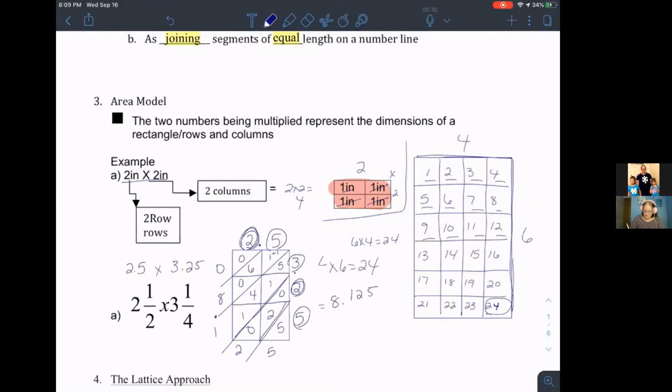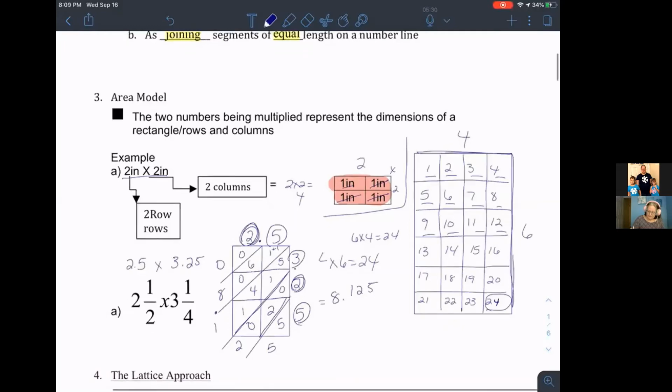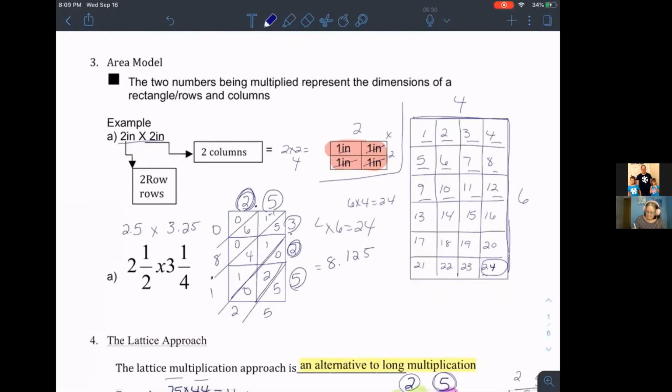So if we multiply it out, it gives us the same thing. If we want to do improper fractions, we would do 2 times 2 plus 1, so it would be 4 plus 1 is 5. 5 over 2 times 3 times 4 is 12 plus 1 is 13. That would give us 13 over 2. And we multiply straight across.